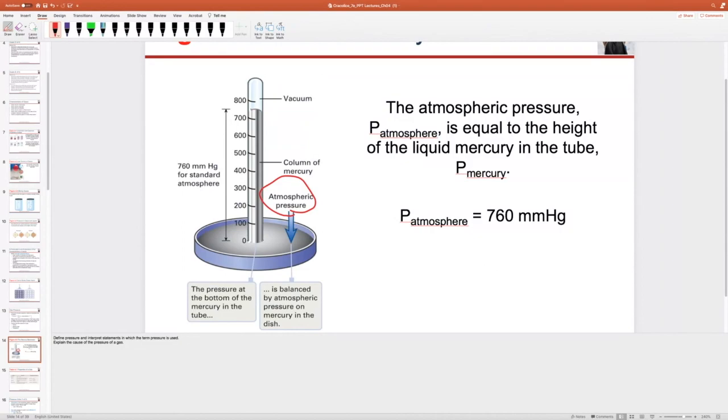So when it came out, the average height of the mercury that remained inside the container, if you look right here, the height is around 760. And the measurement here is millimeters. So the chemical in here is called mercury. So this is called 760 millimeters of mercury. So if somebody asks, what's the atmospheric pressure? You can answer, the pressure of the atmosphere is 760 millimeters of mercury.